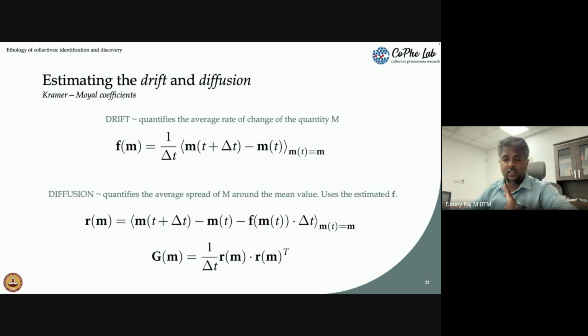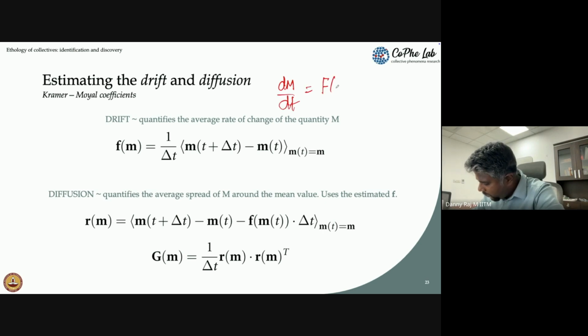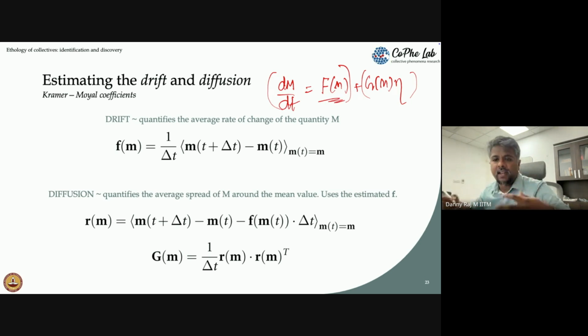All right. I don't expect you to understand this immediately. I'm just giving you a feel for it. So remember what your equations were. It was dm by dt is equal to some f of m plus g of m eta, right? So this is just the ODE part. This is what makes it SDE. So this will have the same features as the ODE. So it's on an average the rate of change of m.